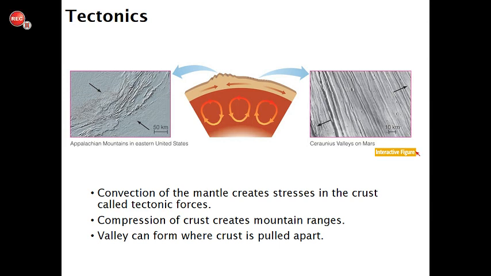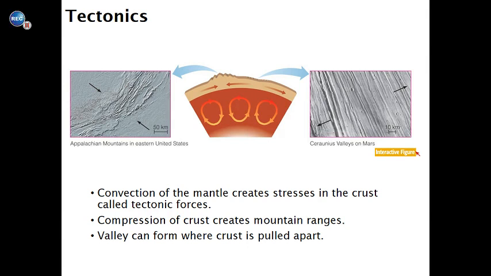So the region under the surface is going to experience convection, and that's going to cause stresses on the surface, and that's tectonics. So in some places, the convection is going to push by friction. It's going to push that upper layer together, and you get mountains. And in other places, it's going to stretch it apart, and you get valleys.